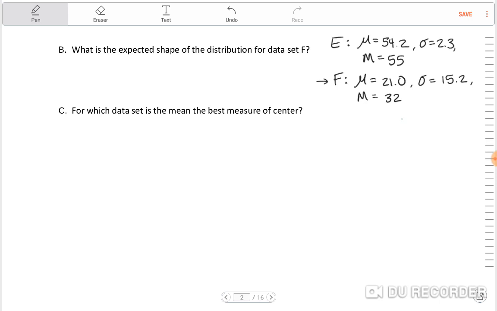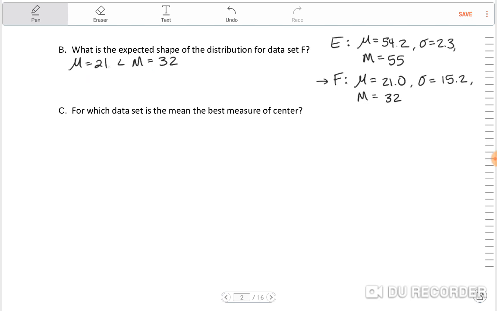So the next thing is I want to know, my mean here, which is 21, is less than the median, right? So if the mean is less than the median, remember the mean gets pulled in the direction of your extreme values because it is not resistant.